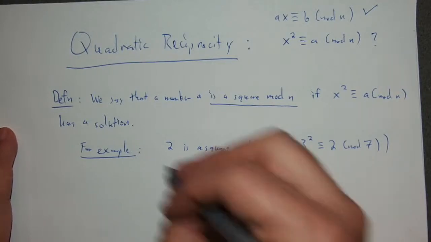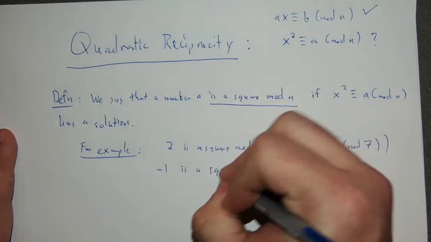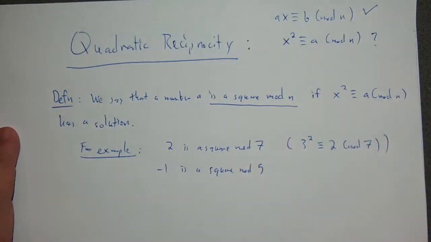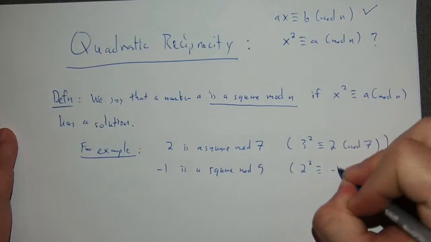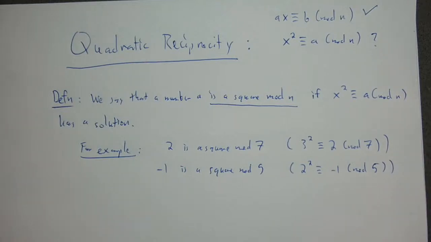And minus 1 is a square mod 5. All right, so 2 squared is congruent to minus 1 mod 5. So that's nice, the equation x squared is congruent to minus 1 mod 5 has a solution.